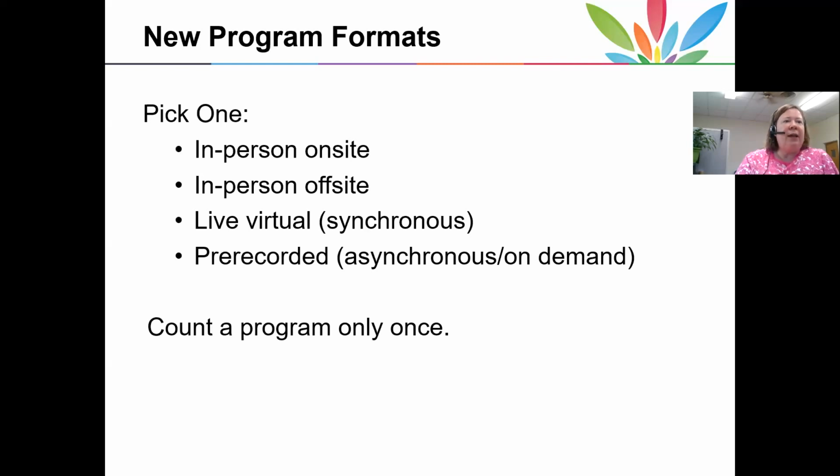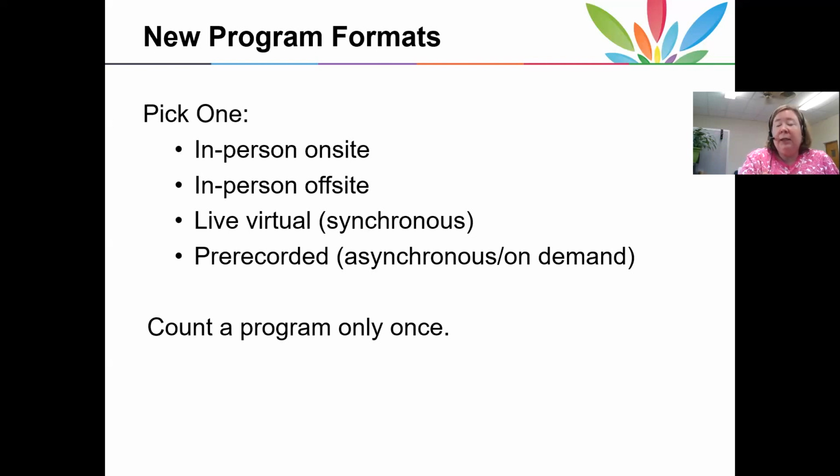Another question: if you have a live music performance and offer it asynchronously afterwards, it can be counted only once. So that's one program because you offered one program. You happen to record it. So you'll count it as a live performance, and you'll pick the in-person option first.